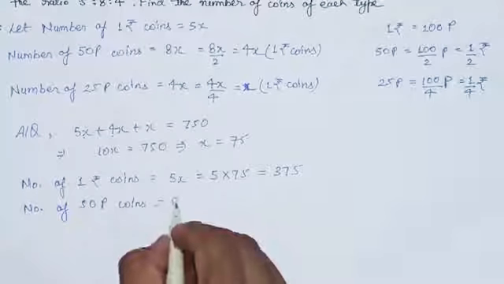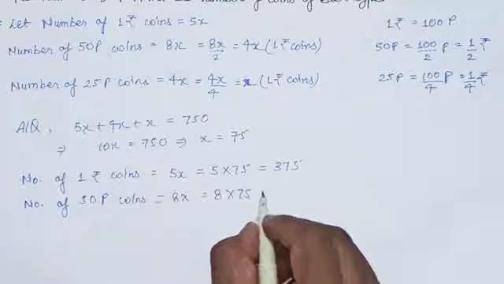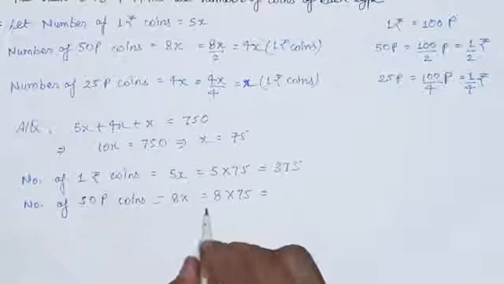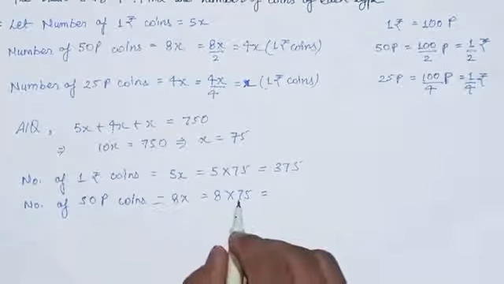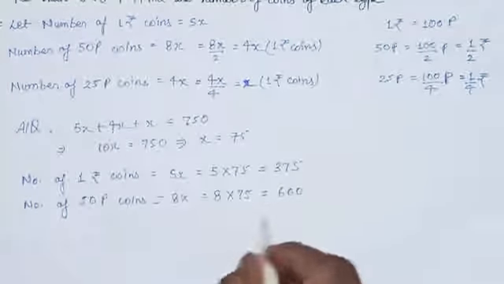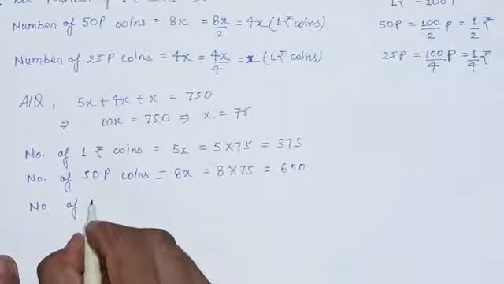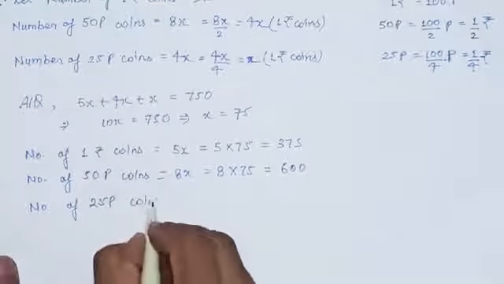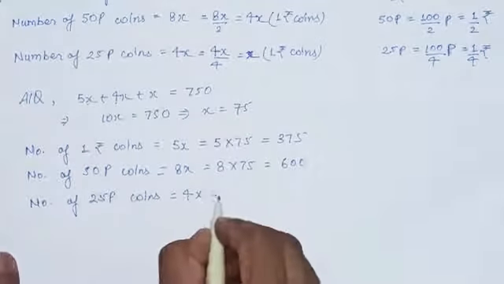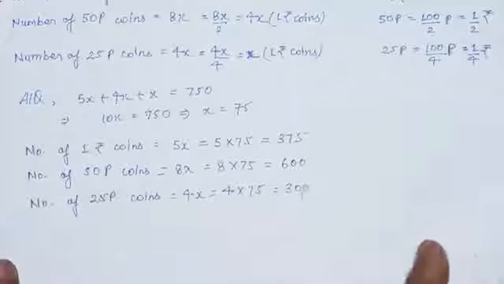So we can write 8x is equal to 8 into 75, that is, 8 5 times 40 and 8 7 times 56. It means 600. And number of 25 paise coins is equal to 4x, that is 4 into 75, that is 300.